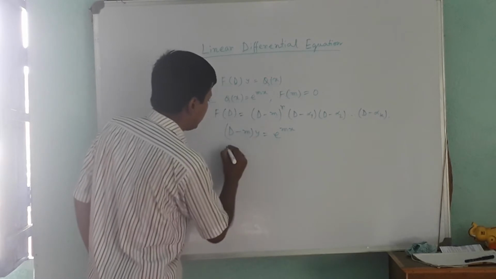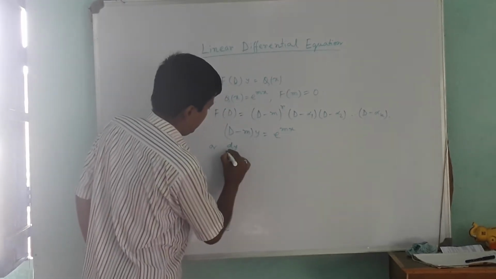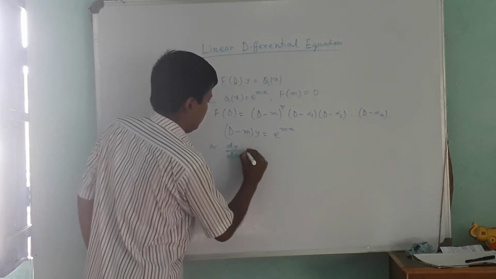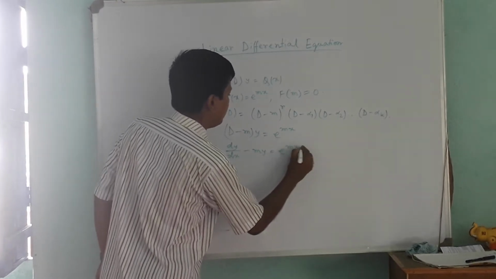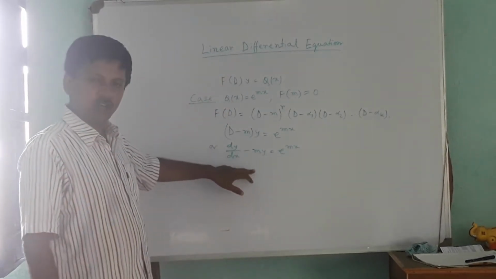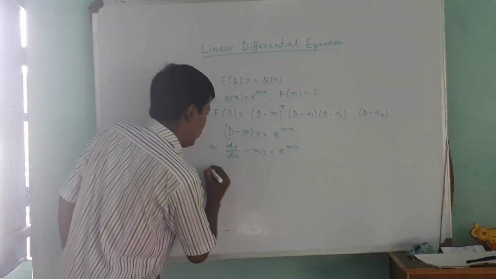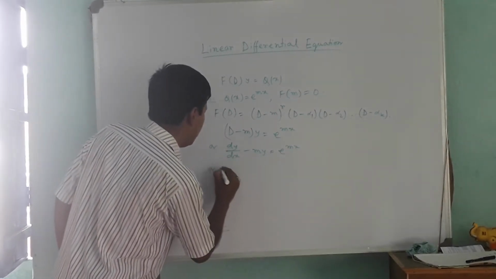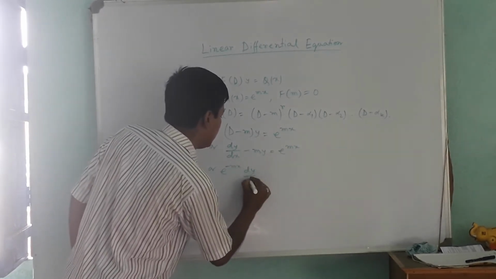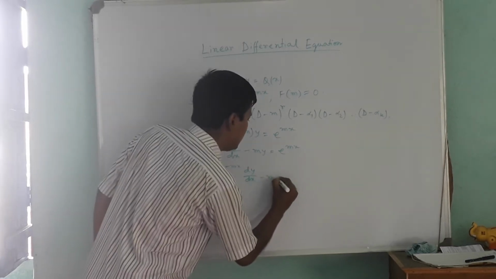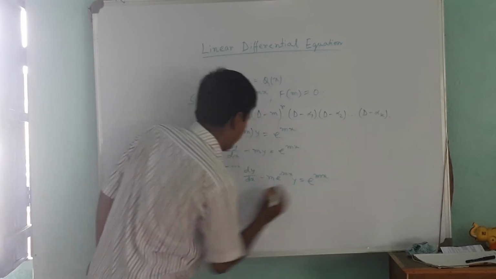This differential equation can be written as dy/dx - my = e^(mx). It is a simple first order linear differential equation. So we need to multiply both sides by e^(-mx). So e^(-mx) dy/dx - m e^(-mx) y is equal to 1.